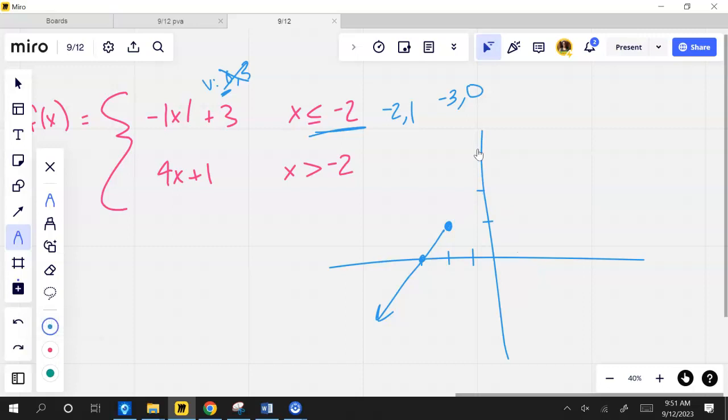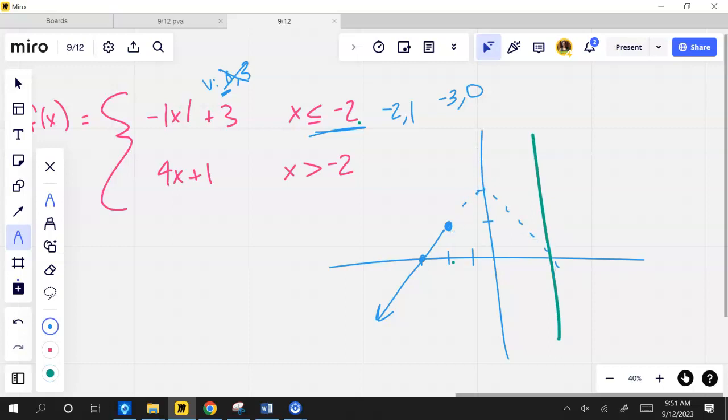Right, the restriction, because this is saying at -2. That's my barrier there. That's my wall. So if this were over here, then I would cut it off here and I would need all of this.